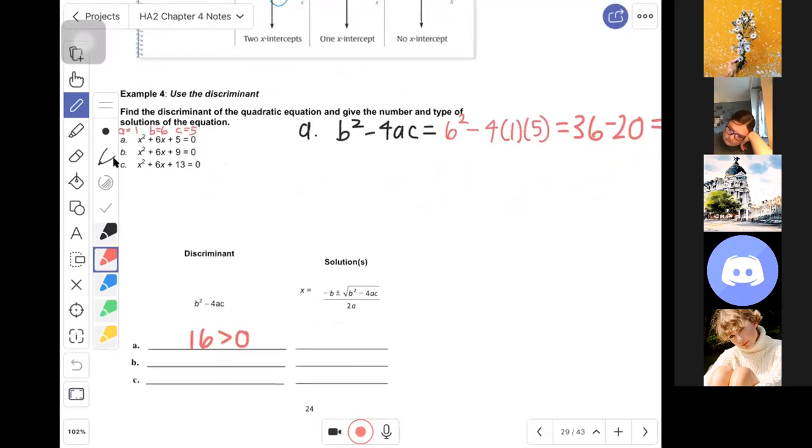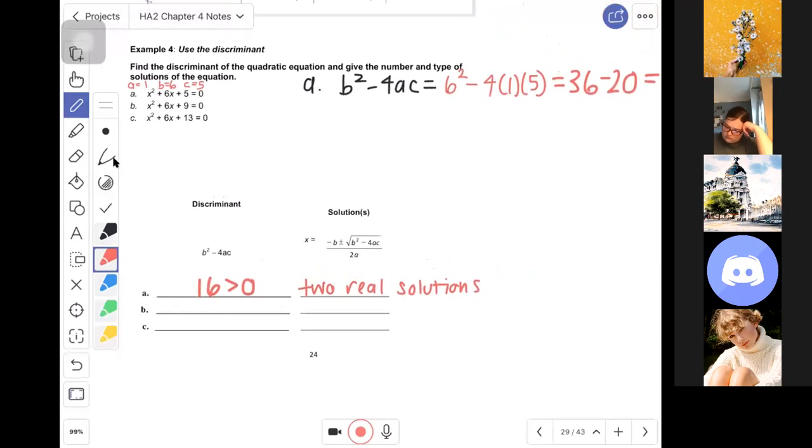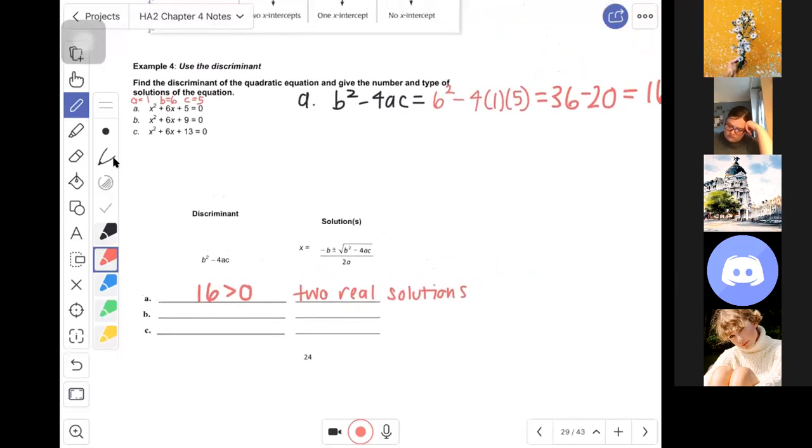What type of solutions? Real solutions. Yeah, 2 real solutions. So go ahead and try B and C using the discriminant, that b squared minus 4ac.